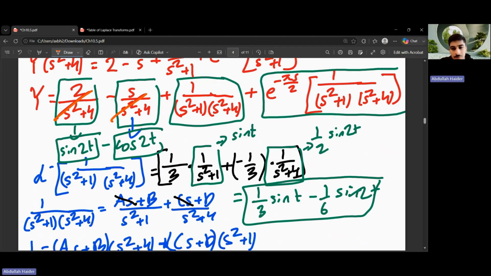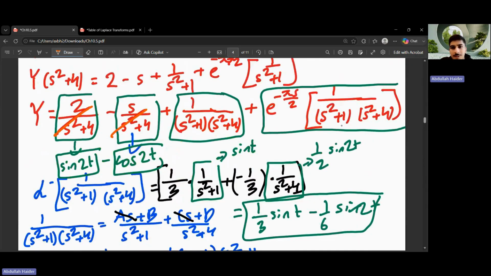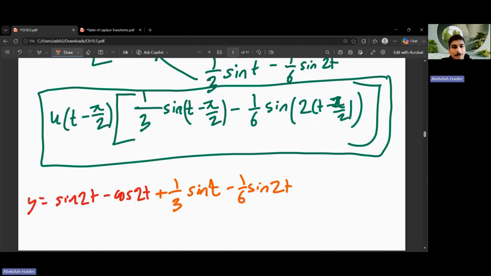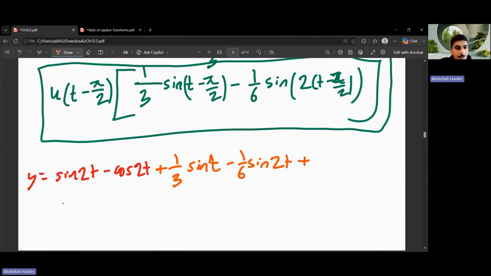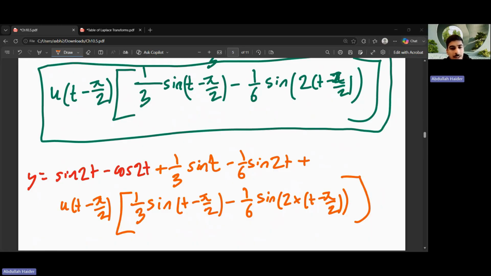Now the answer for this, which was 1 over 3 sine t minus 1 over 6 sine 2t, plus the e power this thing. So plus this answer, u of t minus pi over 2 all multiplied by 1 over 3 sine of t minus pi over 2 minus 1 over 6 sine of 2 multiplied by t minus pi over 2. This is your final answer.